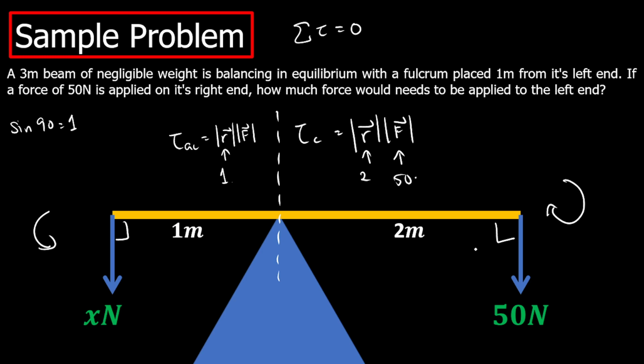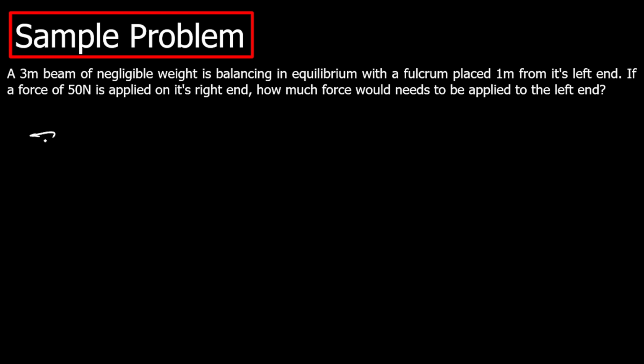Because the question says it is in equilibrium, the summation has to be 0. So the tau that contributes to anti-clockwise plus the tau in the clockwise direction, which is going to be negative since it is in the opposite direction, is going to be 0. So tau anti-clockwise must be the same as tau clockwise.